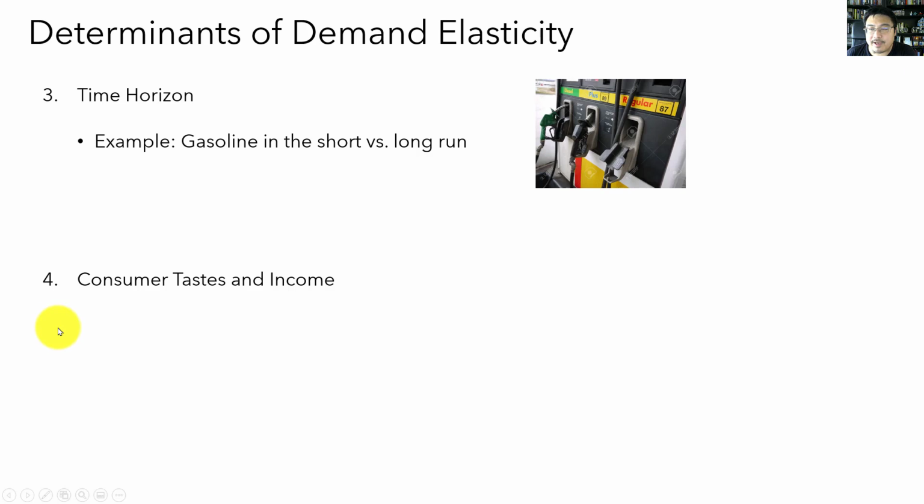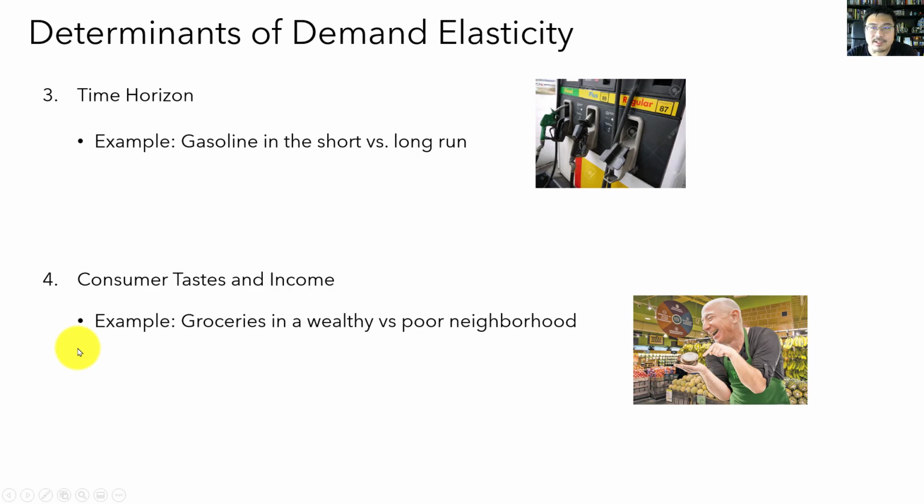For an example of how consumer characteristics can affect the elasticity of a demand curve, let's think about groceries in a wealthy versus a poor neighborhood. In a wealthy neighborhood, consumers may not be as sensitive to the price of groceries because groceries form a pretty small proportion of their budget. And because of that, the demand for groceries in a wealthy neighborhood may be quite inelastic.